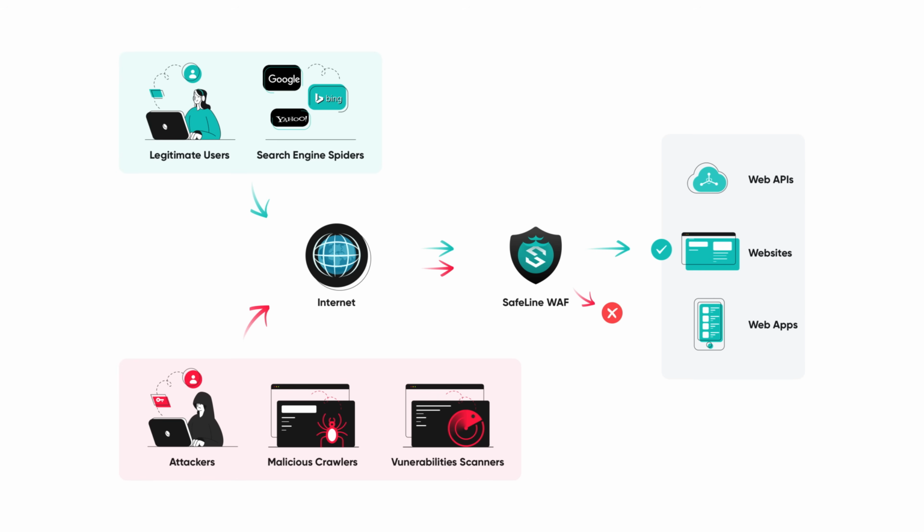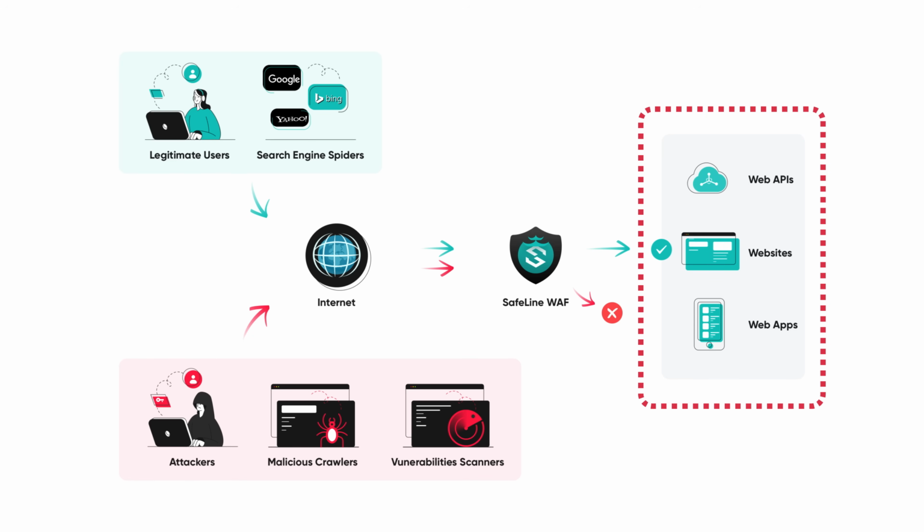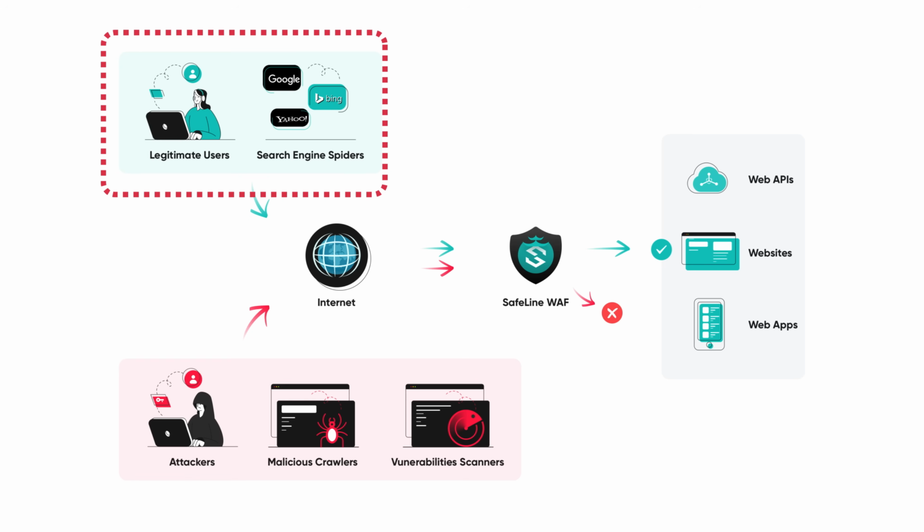Before we start exploring the dashboard, let's take a quick look at how SafeLine actually works. This diagram gives you the big picture. Imagine your web applications sitting here on the right. All traffic from the internet has to pass through SafeLine first. Now, this traffic comes from different sources. You have your legitimate users and search engine spiders, which you want to get through.